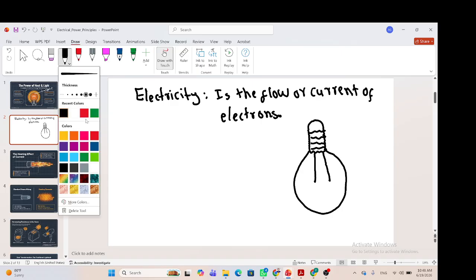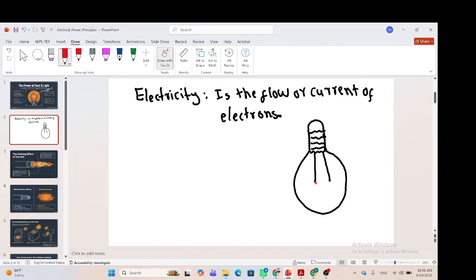Let me draw something here. Now, for example, we usually have two electrical wires. One will be connected to this point, and the other wire will be connected to this point. If you accept one as anode and the next one as cathode, positive, or negative charge.